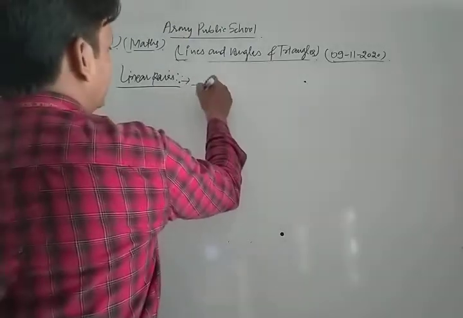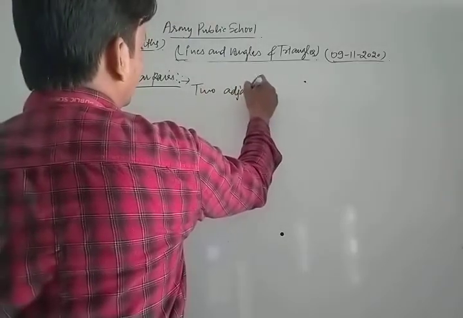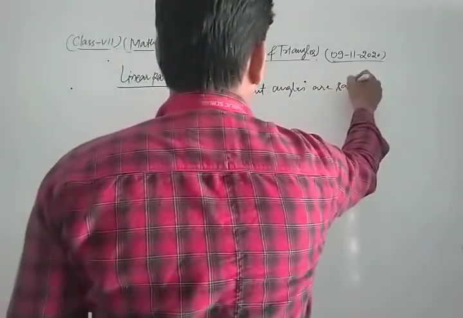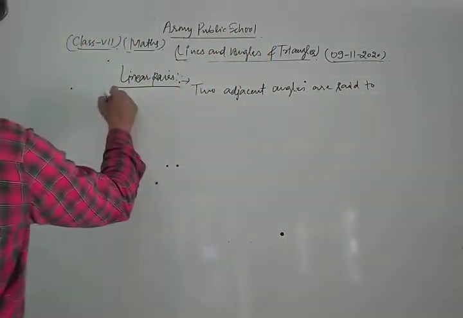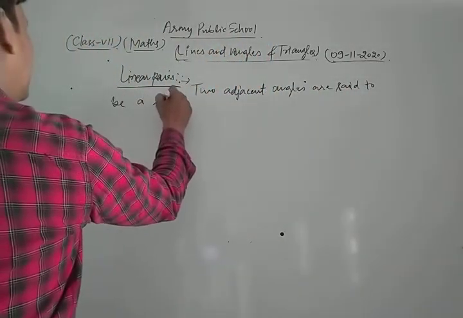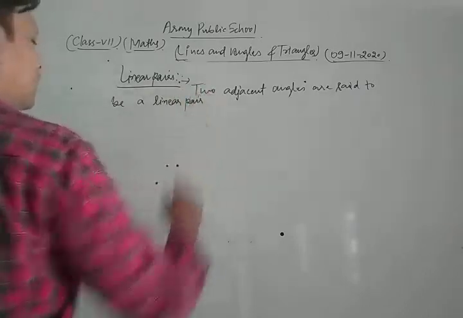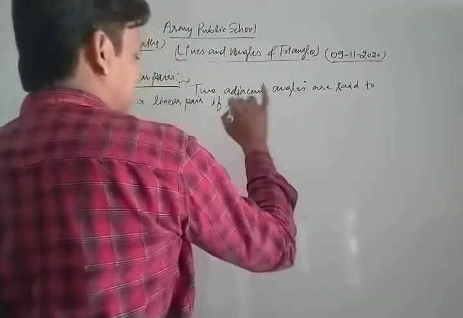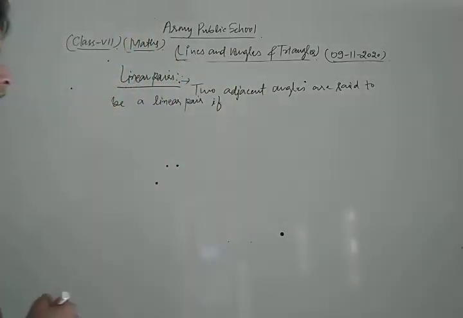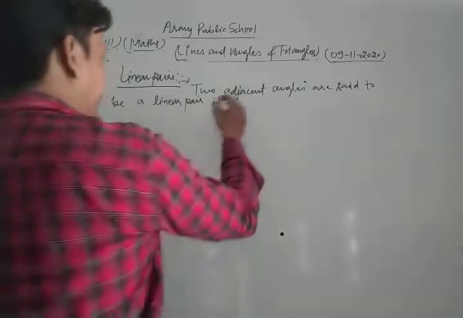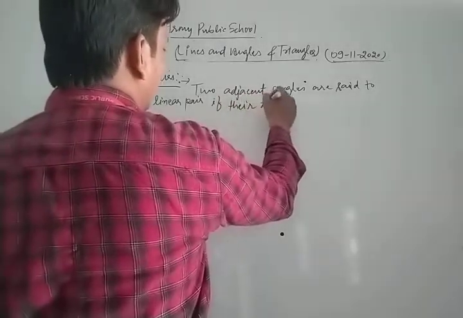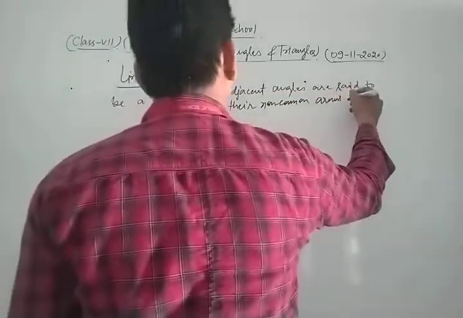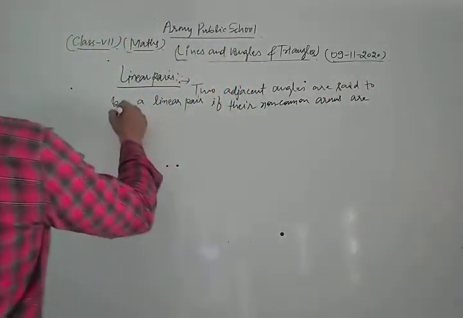Let's see: two adjacent angles are said to be a linear pair if their non-common arms are opposite rays, opposite in direction.